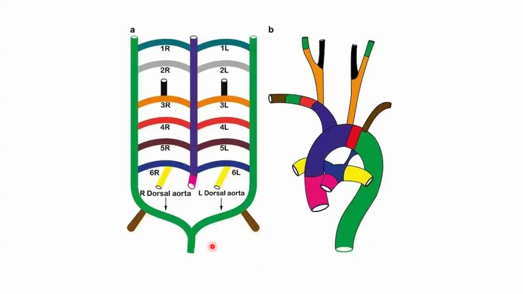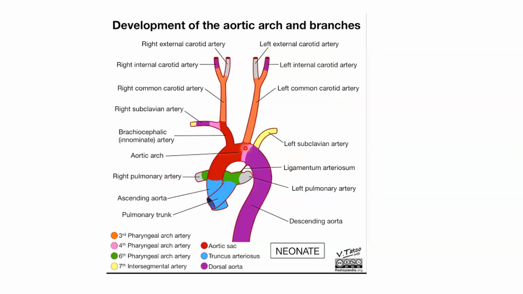And this is what I was referring to here. This middle portion, these balloon portions, is called the aortic sac. Then the mid portion of it here, this small section, is from the fourth pharyngeal arch. Then the purple part of it is from the dorsal aorta.